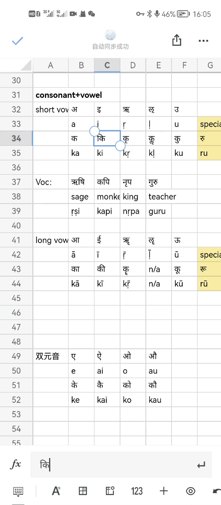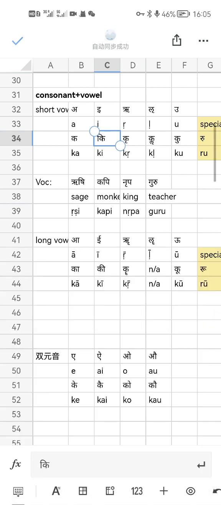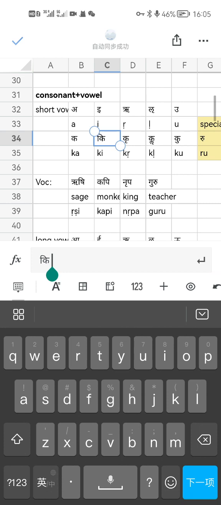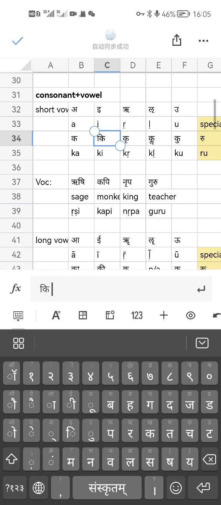So it also still uses the ka letter, and we put the same ka, and then we add a vertical line and a loop.